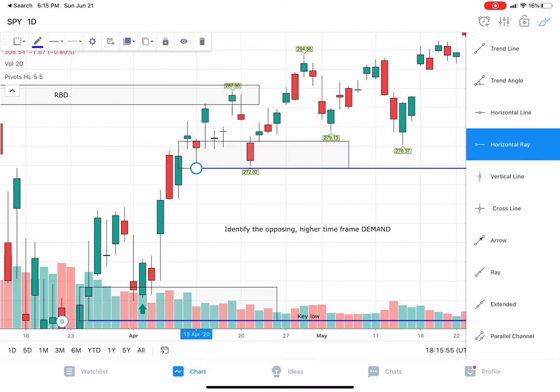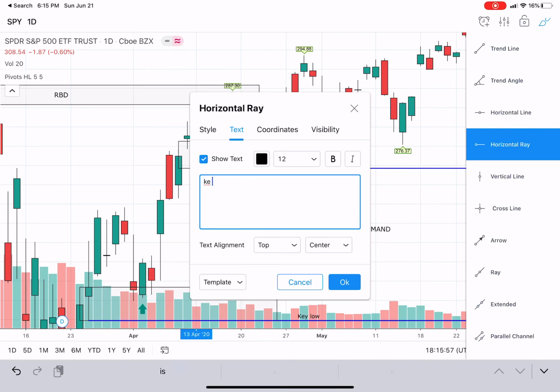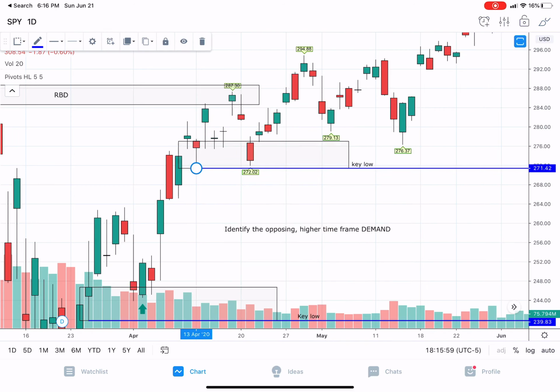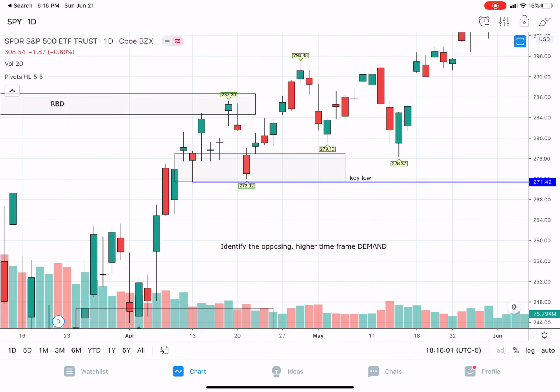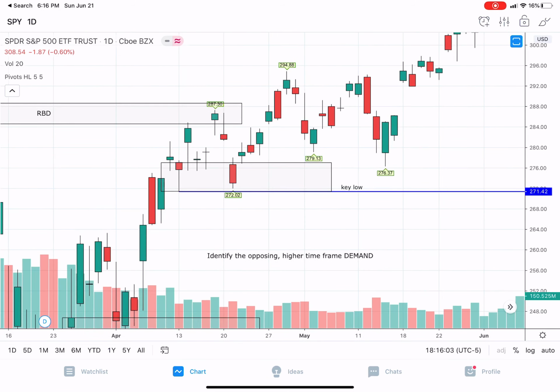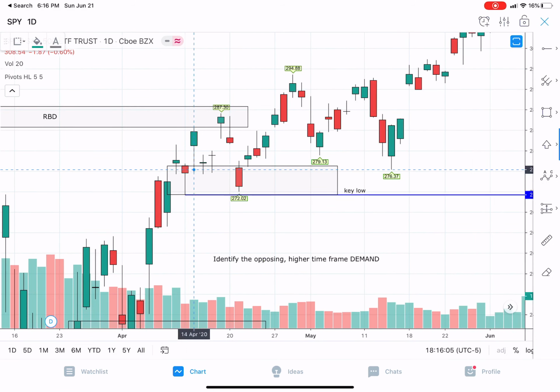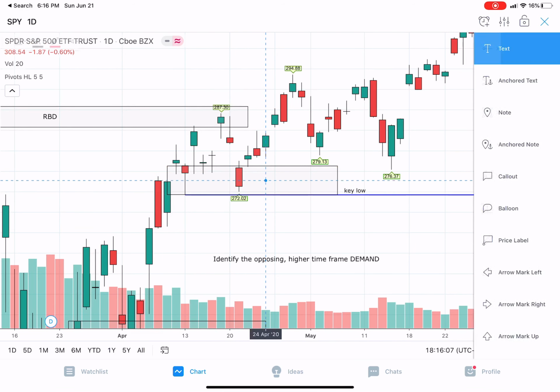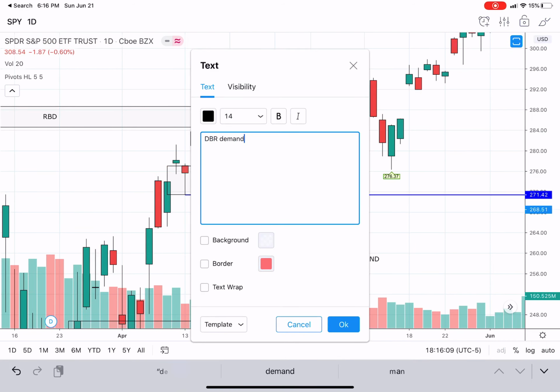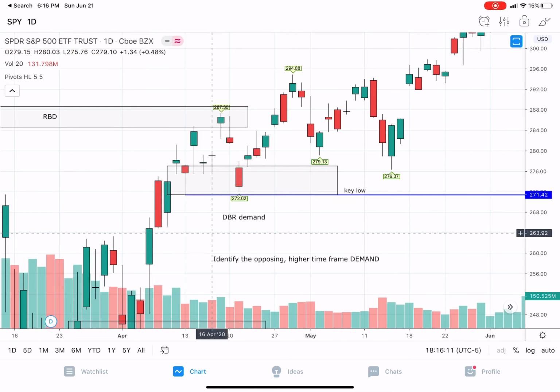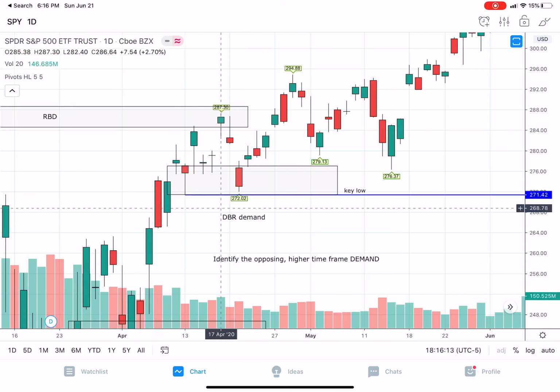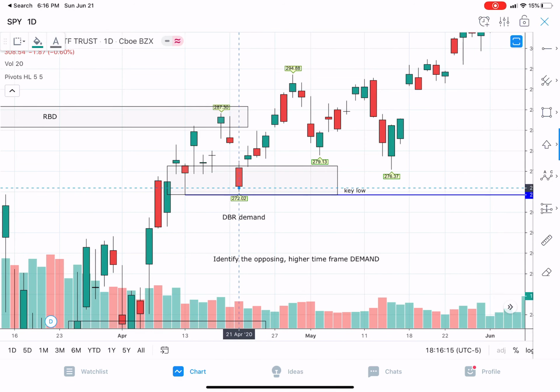And then we can call this at this point in time key low. So we put a stop loss below this low because this becomes critical support. And then look what happens down. It opens into demand. This would be DBR, drop base rally demand. We get the open into demand here, and we make another higher high.